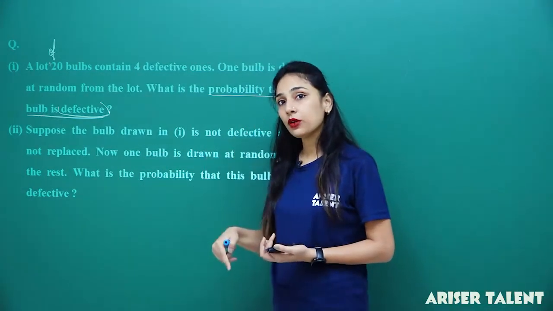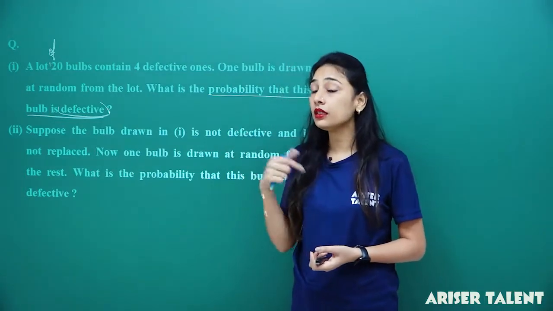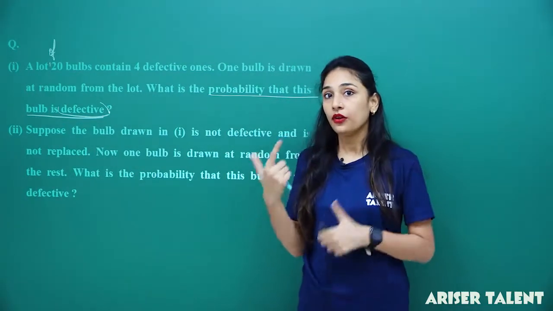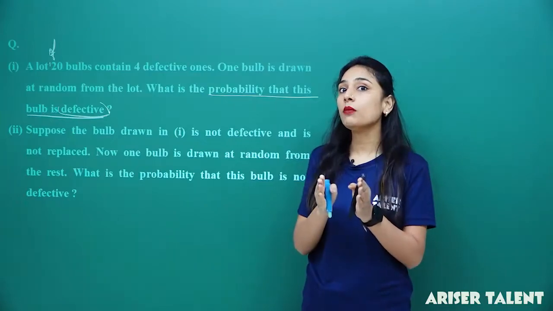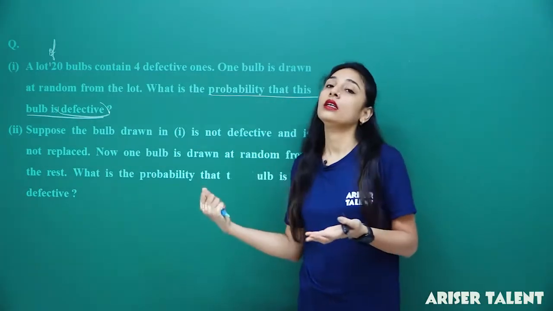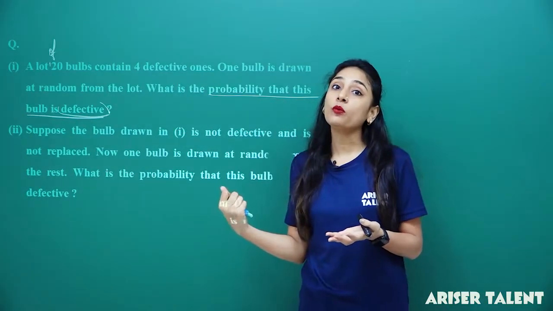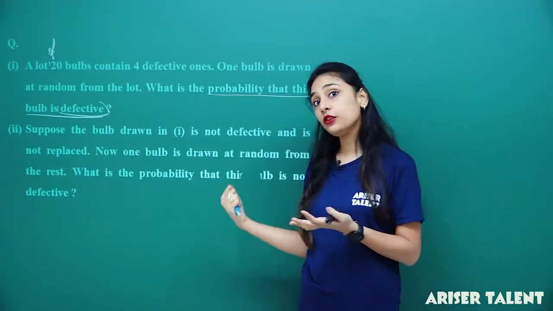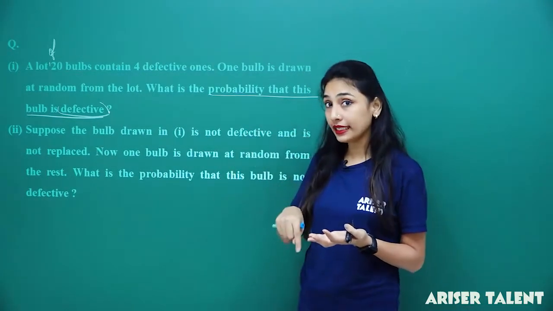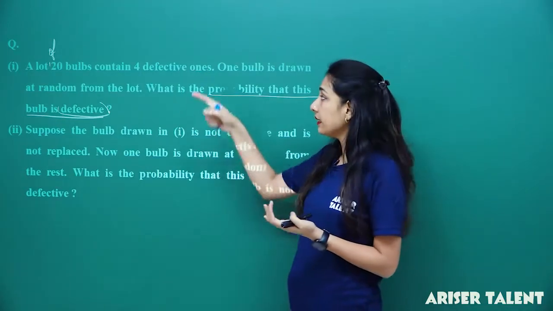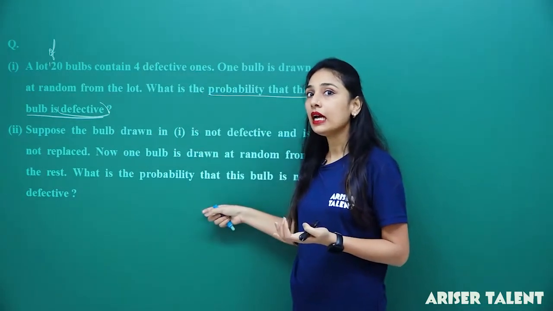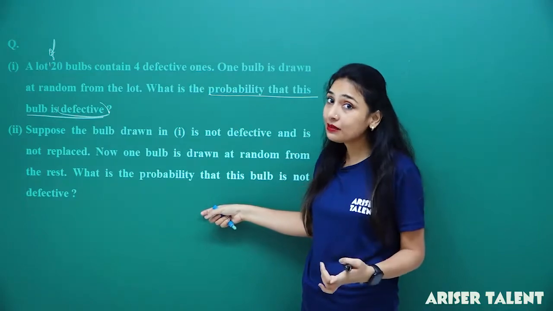Now again the same process is being done, but in the first one we were talking about drawing a bulb from the lot of 20, and now that has reduced to a lot of 19. Here it was 20 bulbs, here it remains 19 bulbs.